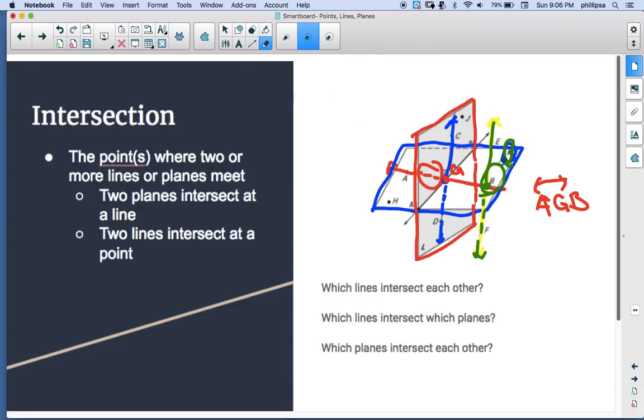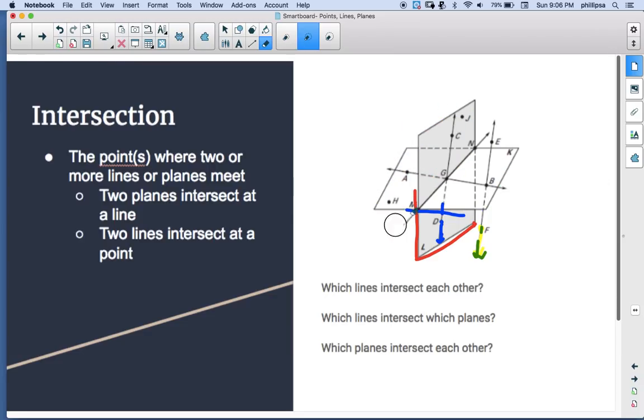And finally, you can have two planes that intersect each other. So two planes intersecting each other can visually be tough to understand what it looks like. I will demonstrate the intersecting of lines with a plane and intersecting planes with planes in class. This video is just to give you guys some background and some vocab. But I know I have two planes that intersect.